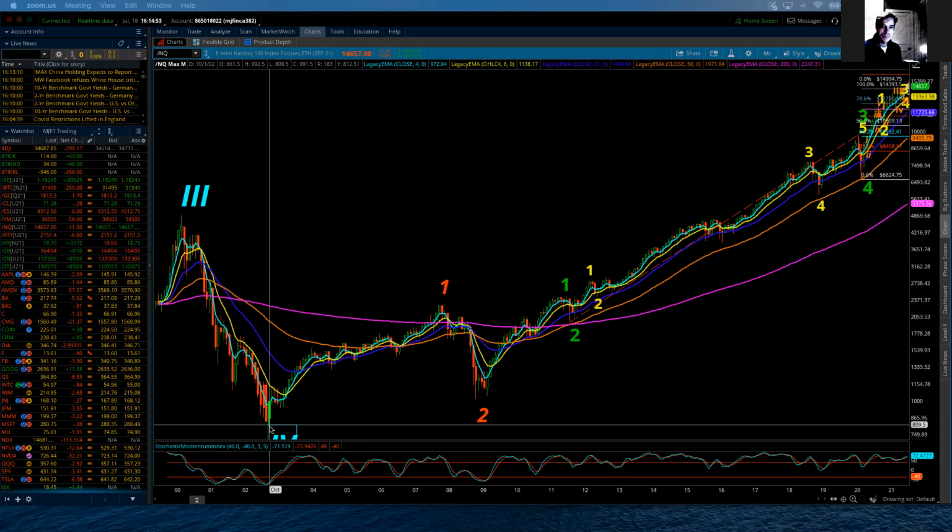Remember, when we're counting degrees, which will come up in the next chapter of my ebook, yet to be published, what I'll be describing in there is we're working these building blocks now from the top to the bottom. And why we're doing that is because the trend is up in terms of the impulse waves.